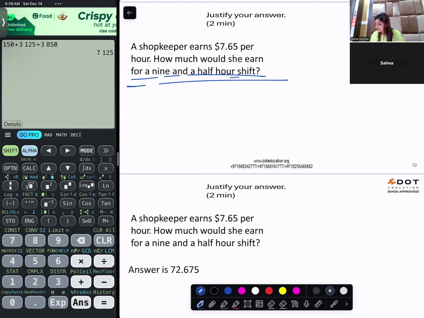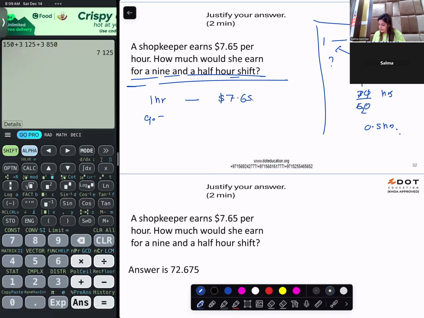9.5 hours, you should be very clear. 1 hour has 60 minutes, so 30 minutes would be a question mark. So it would be 30 by 60, cross multiply, so that is again 0.5 hours. You need to do this calculation irrespective. So for 1 hour, the shopkeeper earns $7.65.